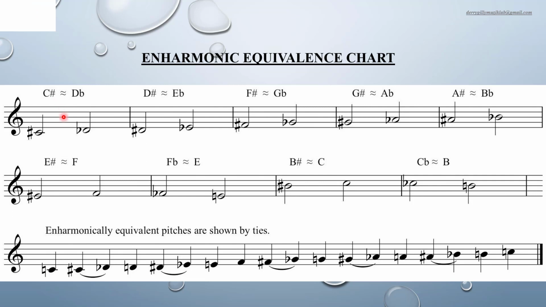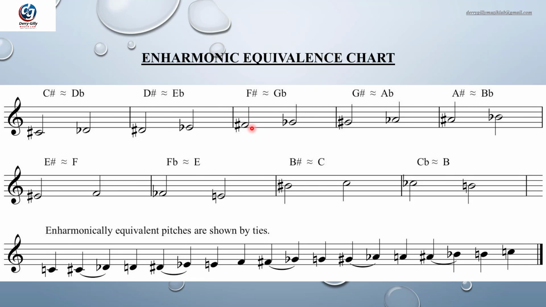So looking at the charts below, you see that a C sharp is equivalent to a D flat. Likewise, a D sharp will definitely be equivalent to an E flat, because if it moves forward a half step, when it gets to the next pitch, it has to move back by a half step.